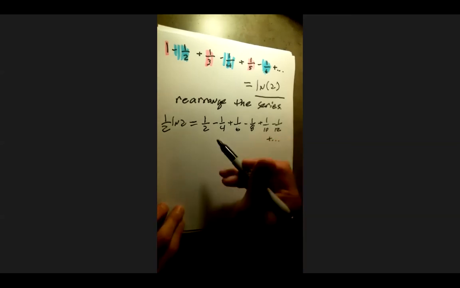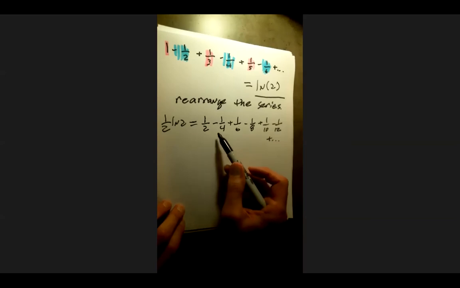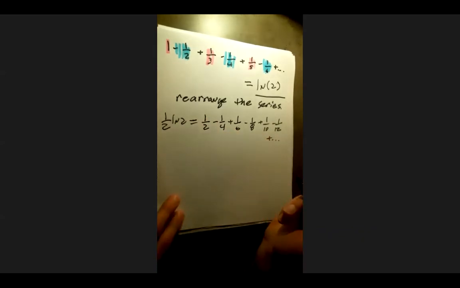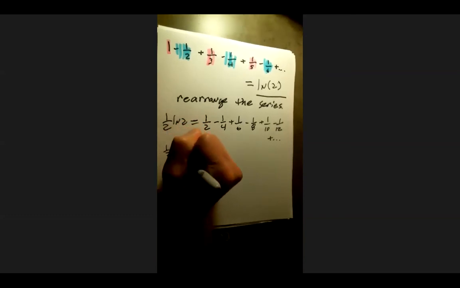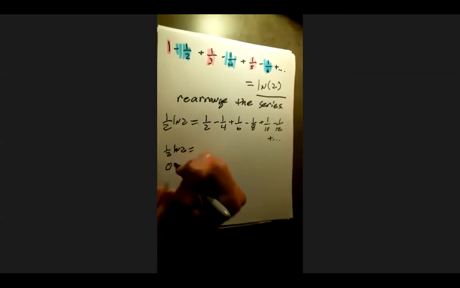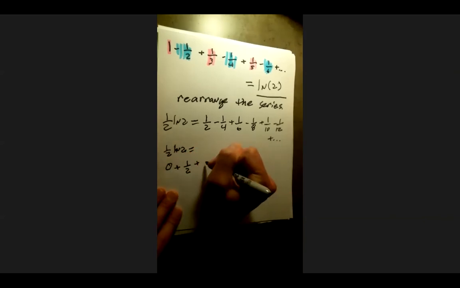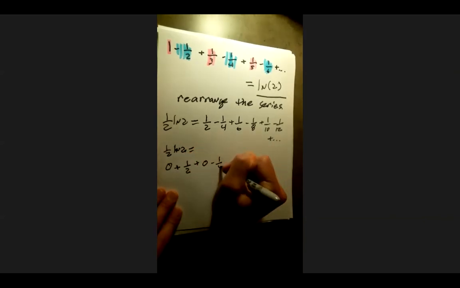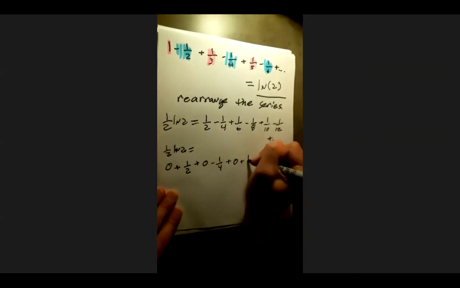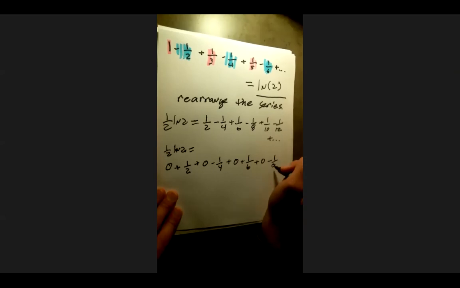So I'm going to say that 1/2 ln of 2 is equal to 0 plus 1/2 plus 0 minus 1/4 plus 0 plus 1/6 plus 0 minus 1/8 plus, et cetera.